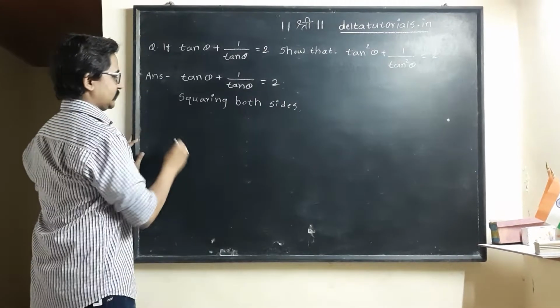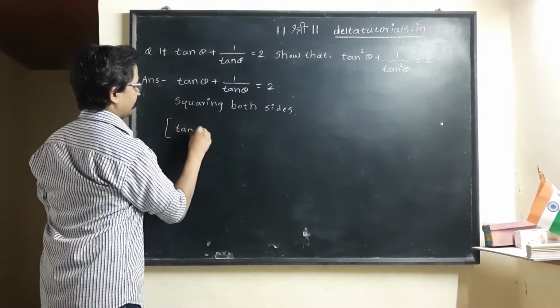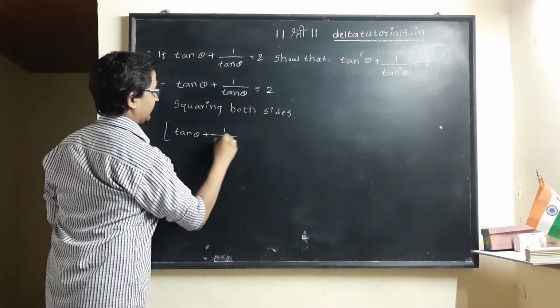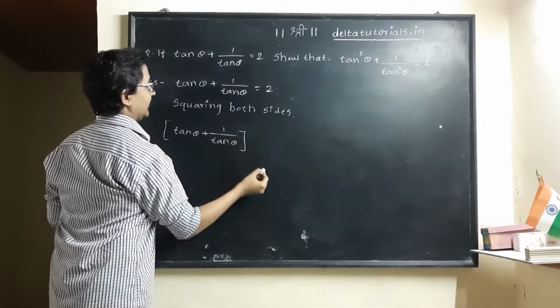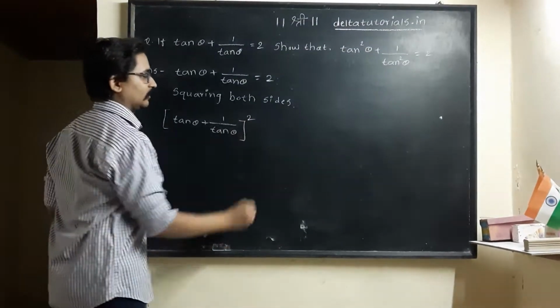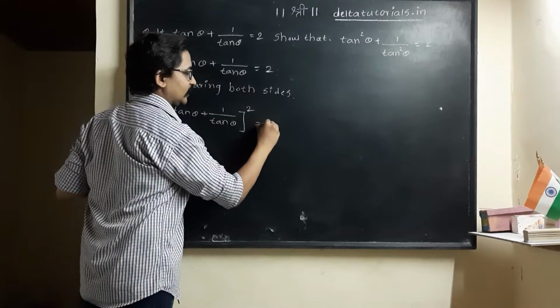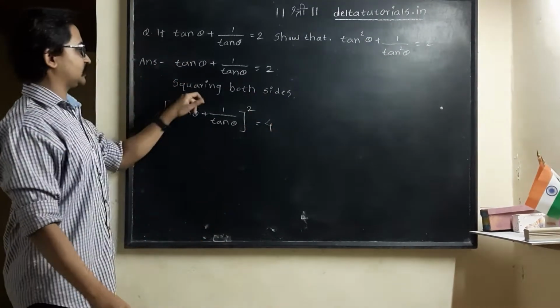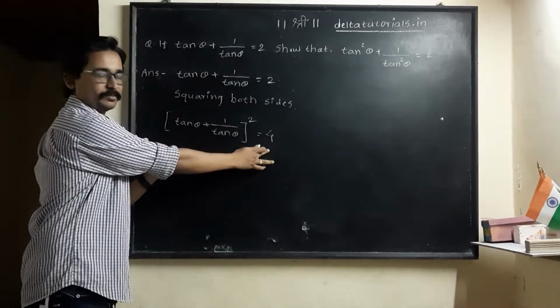So (tan theta plus 1 upon tan theta) whole square, equal to 2 square will be 4. So I am writing it directly 4. So after squaring on both sides, this expression is now this expression.